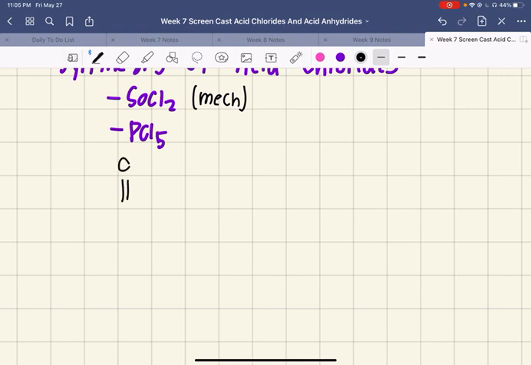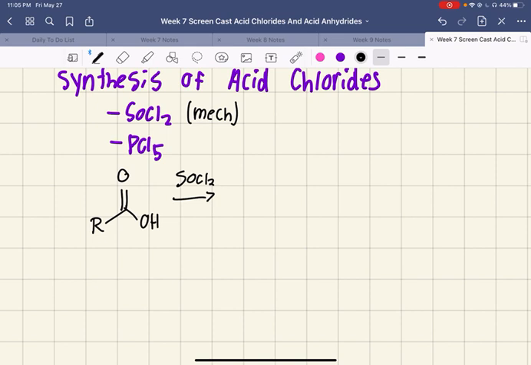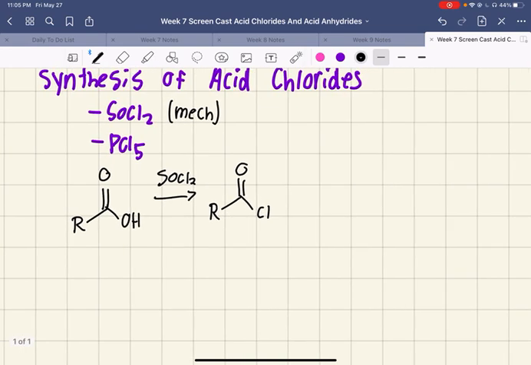Both of these will synthesize any carboxylic acid. SOCl2 is the most common reagent we see, but PCl5 will also synthesize this acid chloride. So we're going to draw the mechanism out for this one.